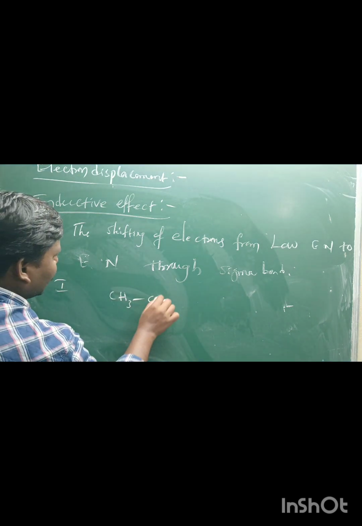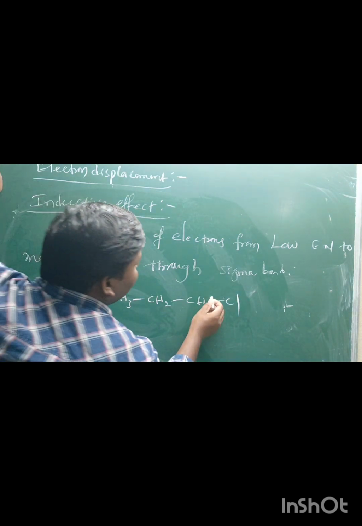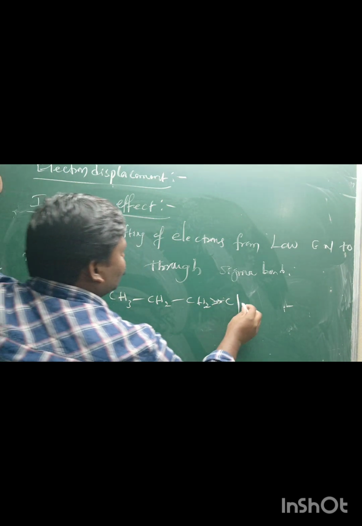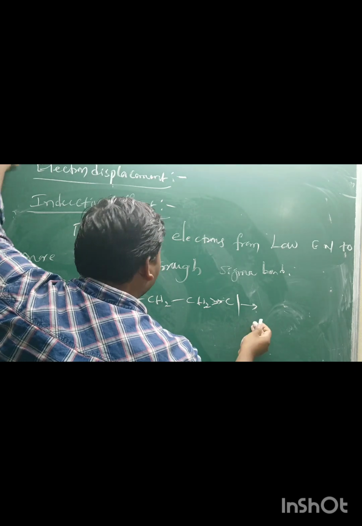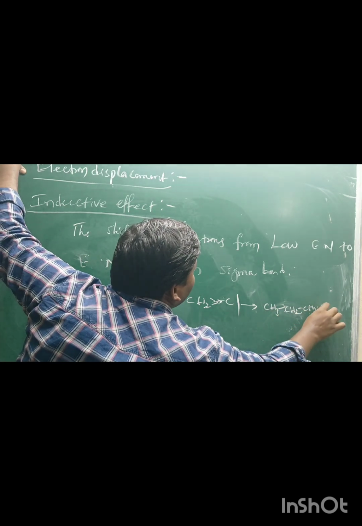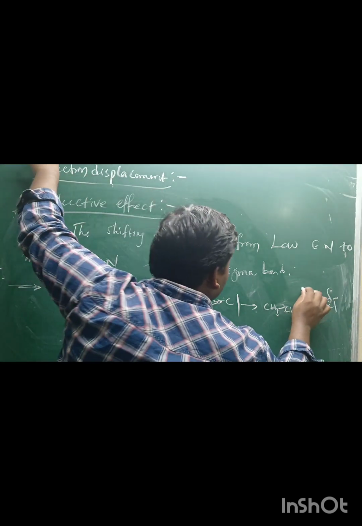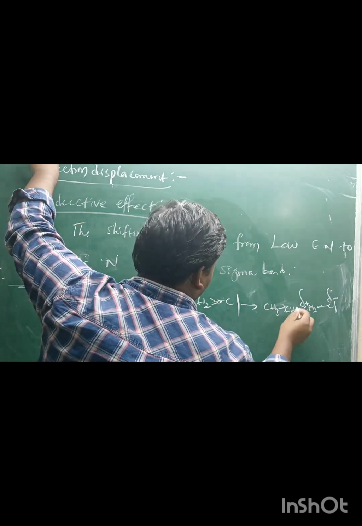For example, in this compound the electron moves toward this side, so Cl carries a minus charge, and the CH2 carries a plus charge.